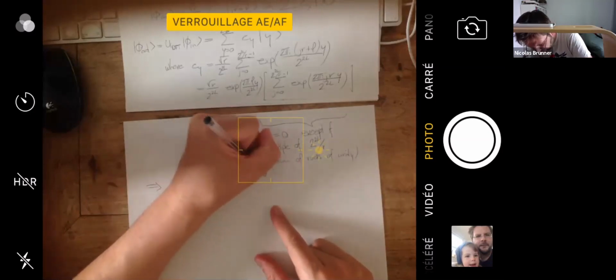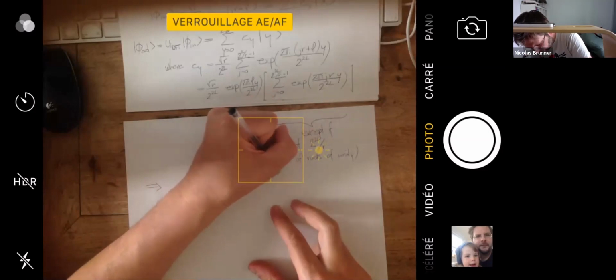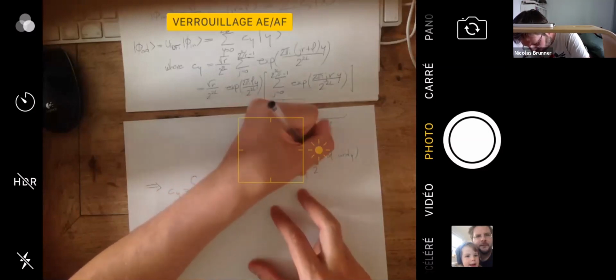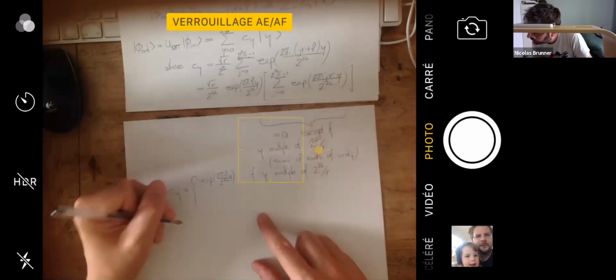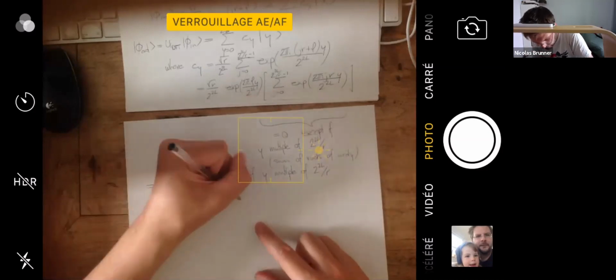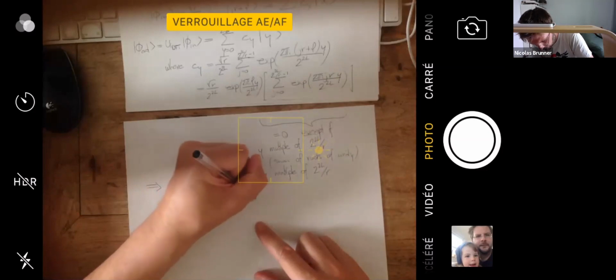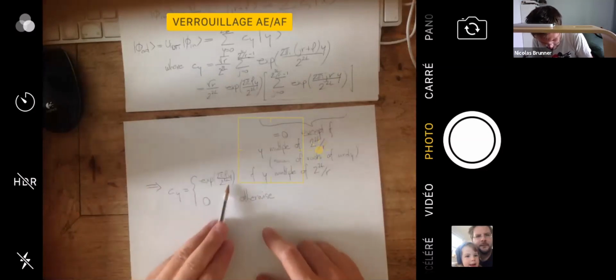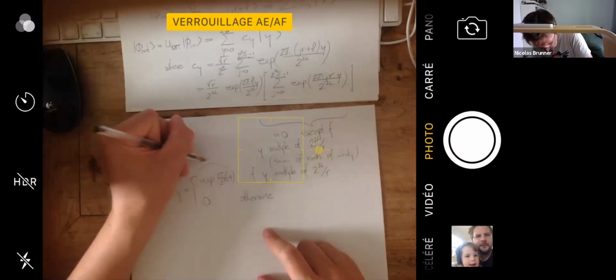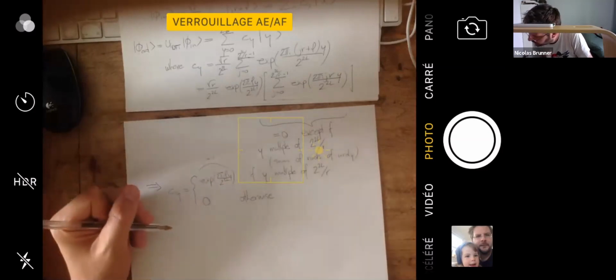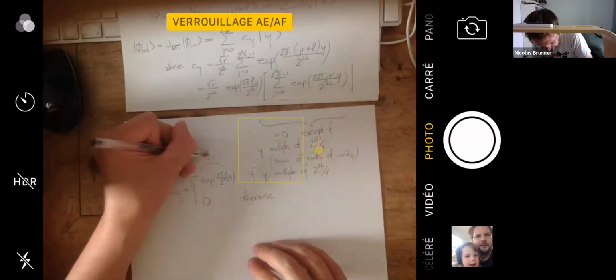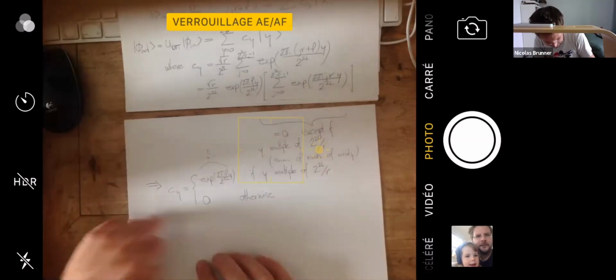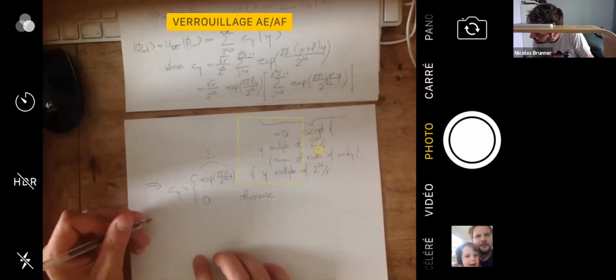So this is if y is a multiple of 2 to the 2l over r, and it's 0 otherwise. I don't understand why that thing should be equal to 1 somehow. Okay, let's figure it out in a minute, but I think it must be the case.